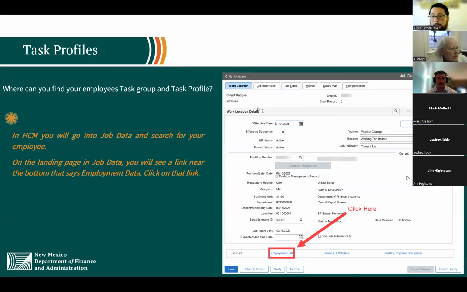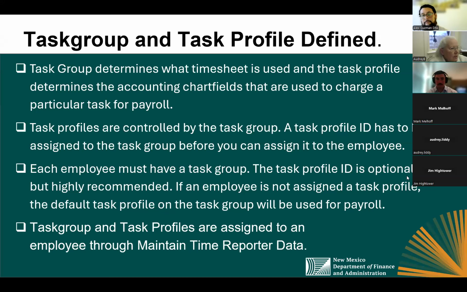So let me give you an example before you move forward, Alex. On your task group, most agencies really only need to have one task group. For instance, DFA's task group would be DFA, and that would be the umbrella under which every DFA employee is assigned. That's our task group. Our task profiles, if you have a task profile, are built upon how you want the expense to be dispersed.